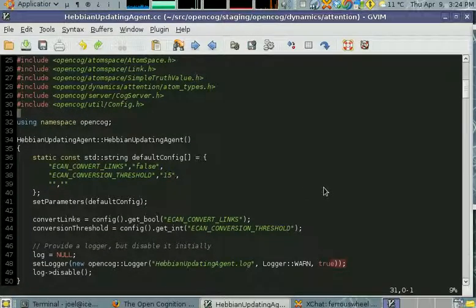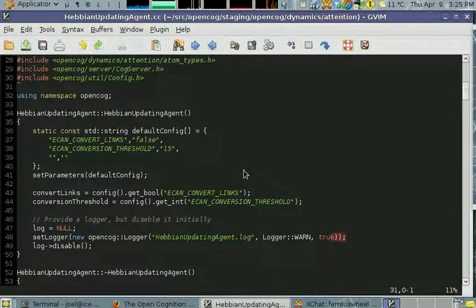Not all of them, but most of them, but for the sake of completeness I decided to put them all on. So there's a couple of parameters to the Hebbian updating agent, and specifically there's the parameter of whether or not to convert links, and that's related to having these different types of Hebbian links.